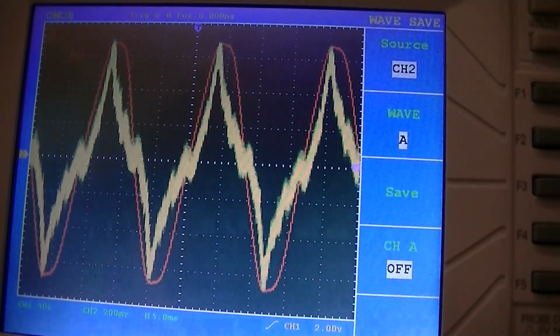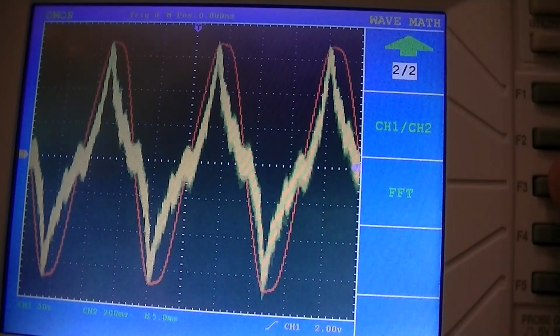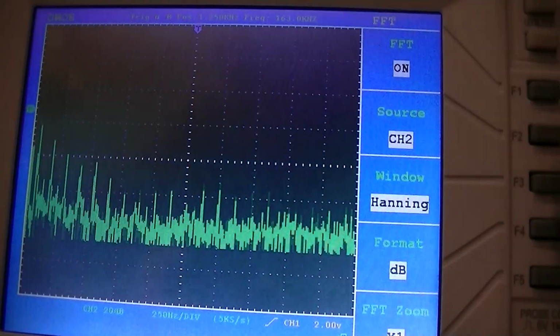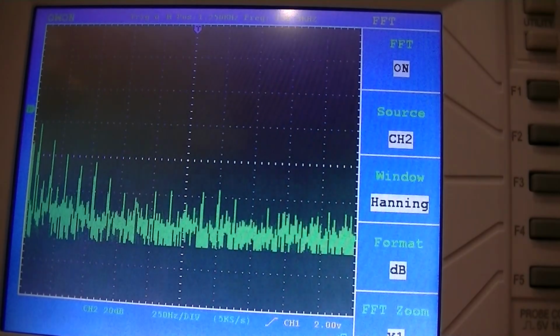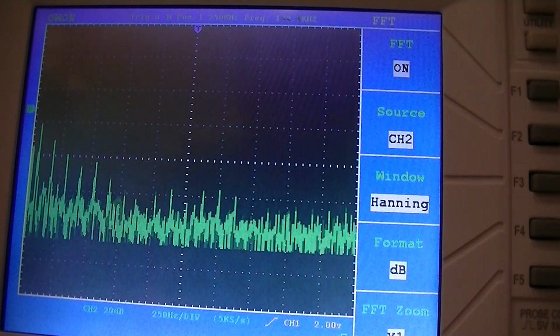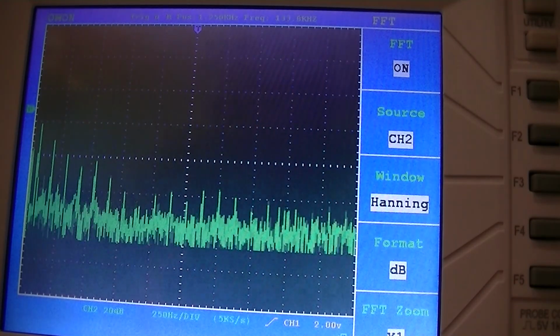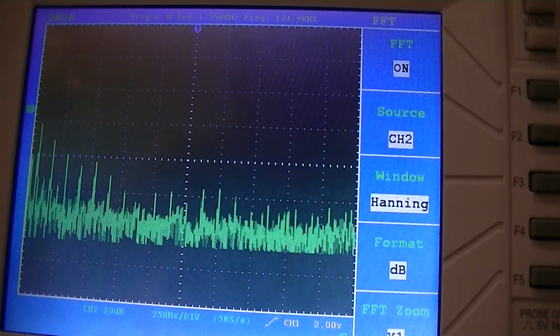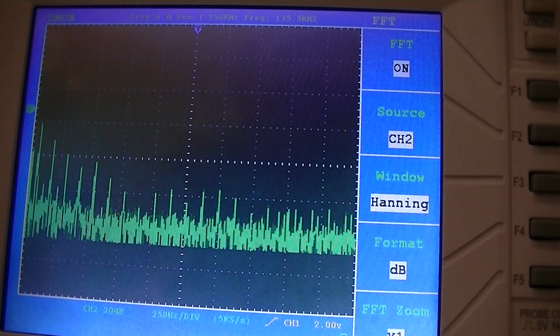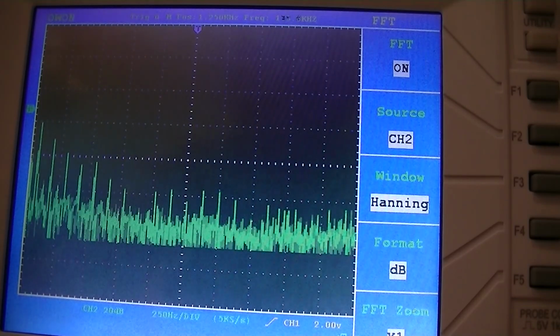So I'm going to switch on a function called the fast Fourier transform function, or FFT, and we can see what our frequencies are doing. So what we're looking at right now is on the very left, that large spike is the 60 Hz fundamental frequency, and that should be there. Everything else, every other spike on the system is an artifact, and it's an odd harmonic, each one of those spikes. And you can see we've got quite a few of them.